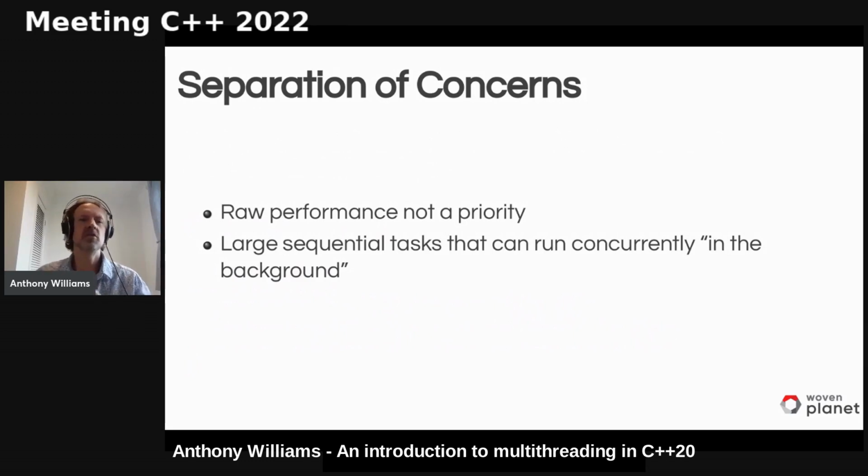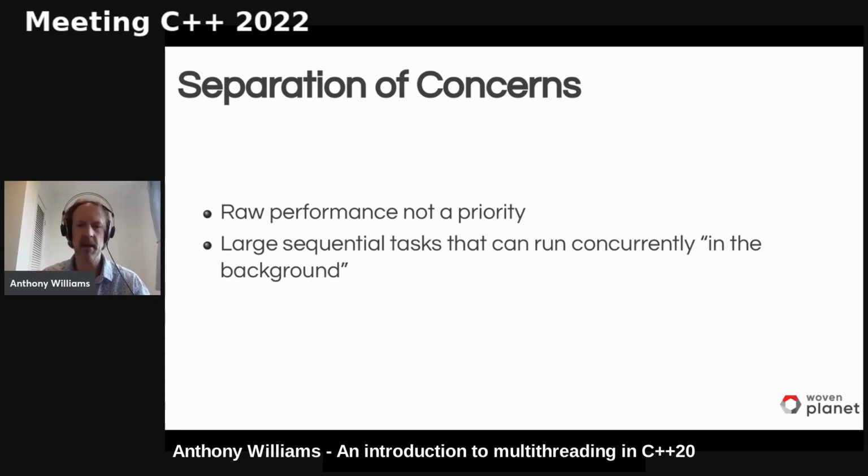So I touched on how you might want to use those thread pools for separation of concerns, but when we're thinking about this, we're often thinking of large sequential tasks. And so literal raw performance is not necessarily a priority. We want things that can run concurrently.